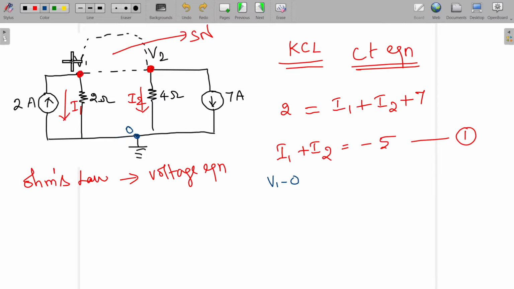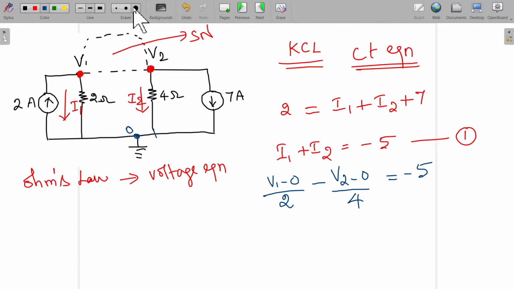That is, it is flowing from this V1 potential to 0 potential divided by the resistance plus this I2 current, that is the current which is flowing from this V2 potential to the 0 potential through this 4 ohm resistance, isn't it? So it is V2 minus 0 potential divided by 4 ohms, that is equal to minus 5.